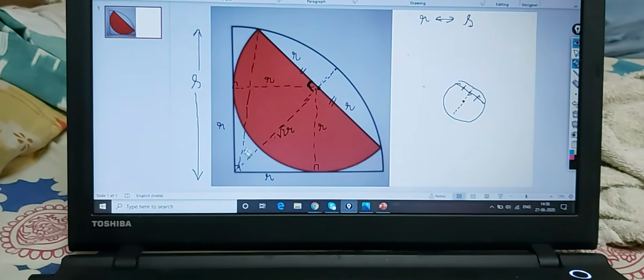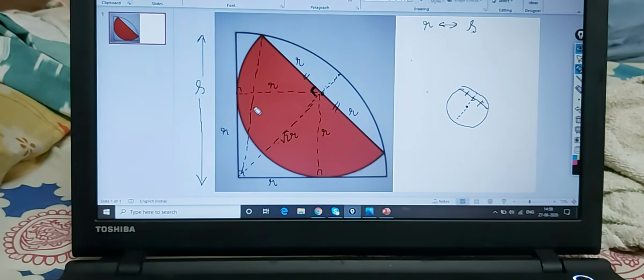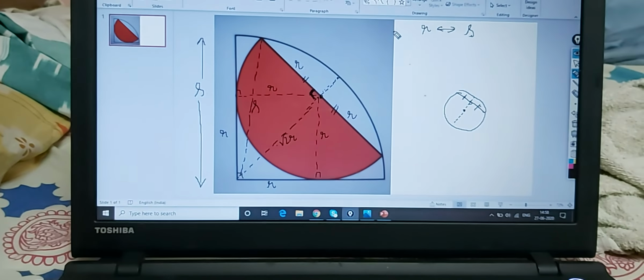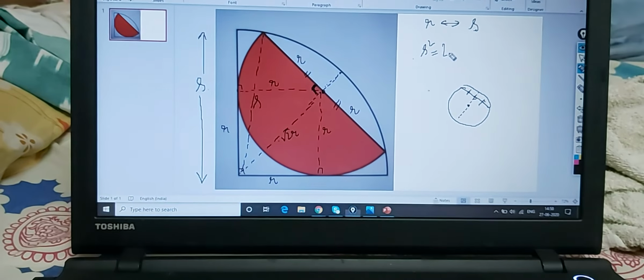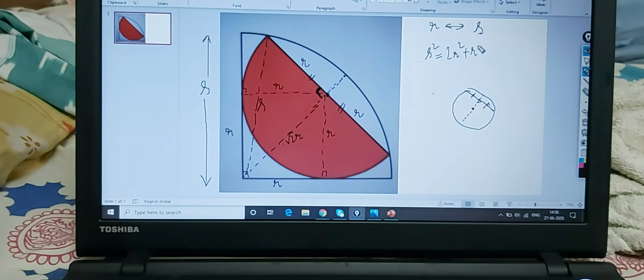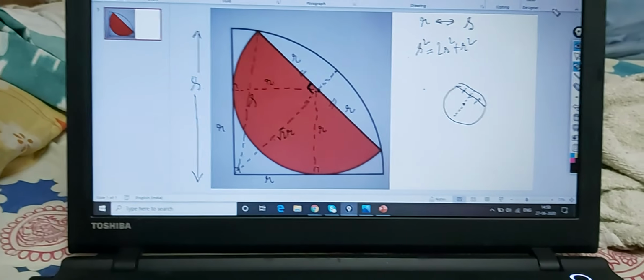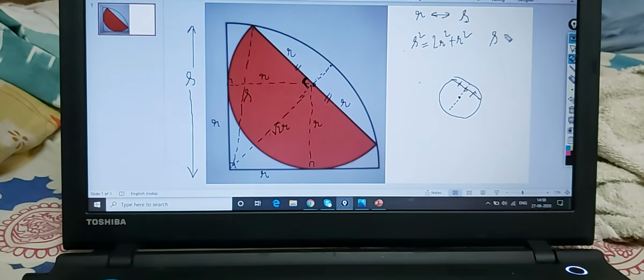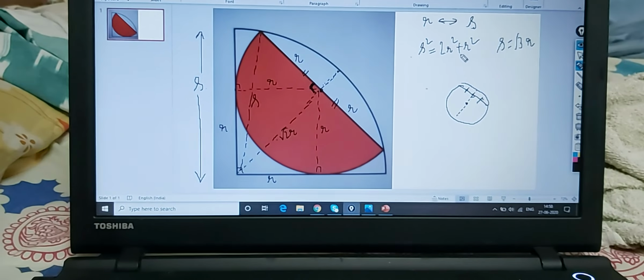This will be s, right? This is a radius, so this dotted line will be s. So what will be the relation now? s square will be equal to 2r square plus r square from this triangle. Okay, so what is the relation now? s is root 3r, right?